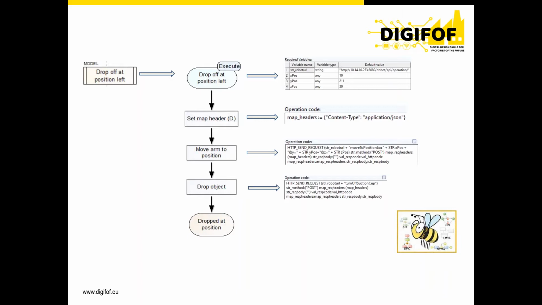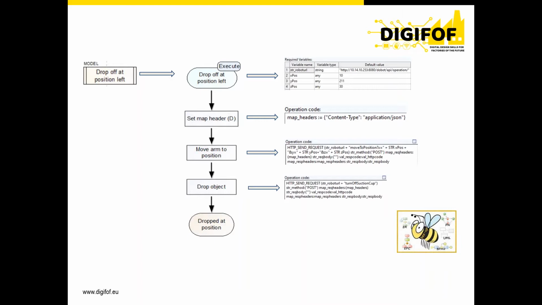The third object is move arm to position. Here we have the operation code which tells the robotic arm to move itself to the given position with the X, Y, and Z set earlier.